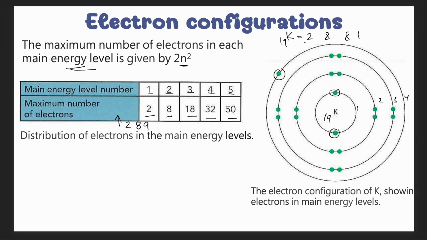But for potassium, the case is different. The third main energy level, which is n or shell, can accommodate only 8 electrons due to stability. This case usually happens for the elements in the third period. Alright?